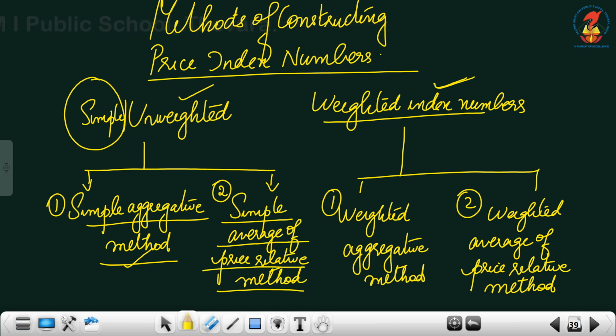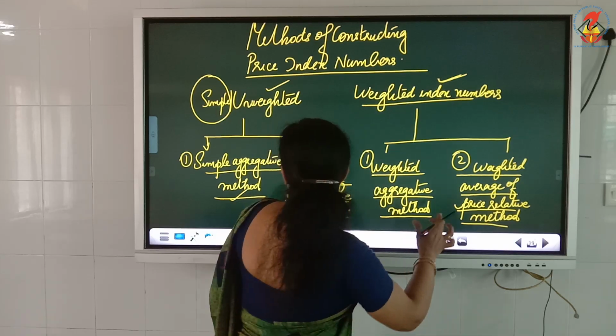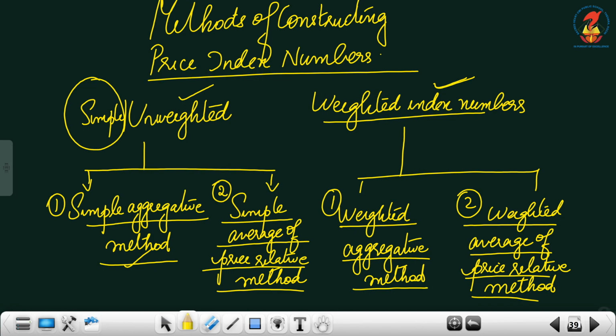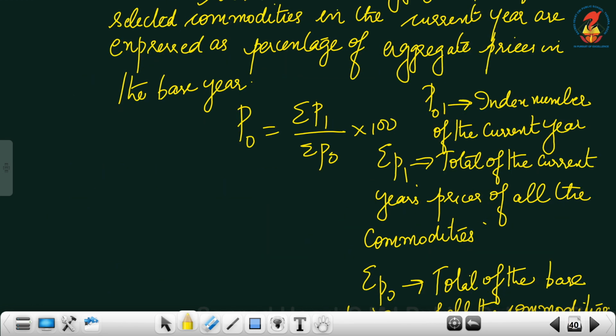Likewise, for weighted index numbers we have the weighted aggregative method and the weighted average of price relative method. Now let us first see the simple aggregative method, the first method.